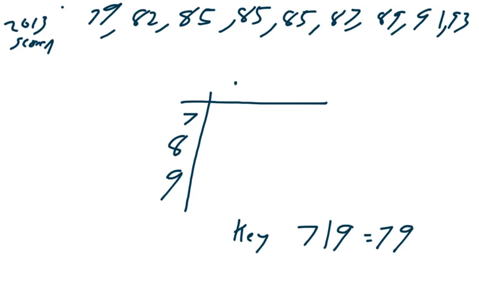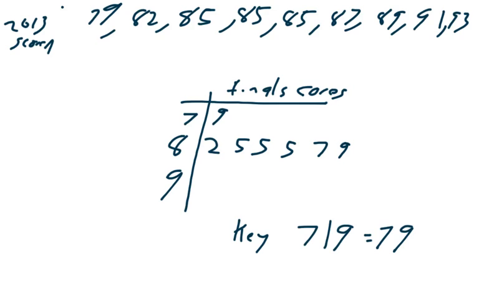And this was the final scores. And so 79, 82, 85, 85, 85, so I put 1 down, 87, 89, 91, 93. You notice I want to make the same amount of breaks.